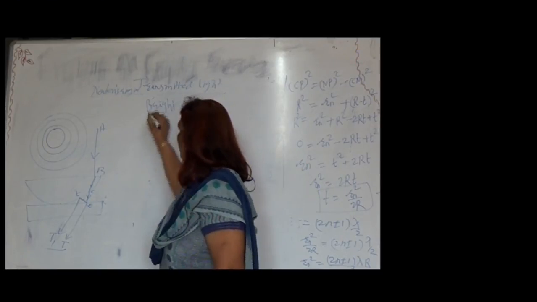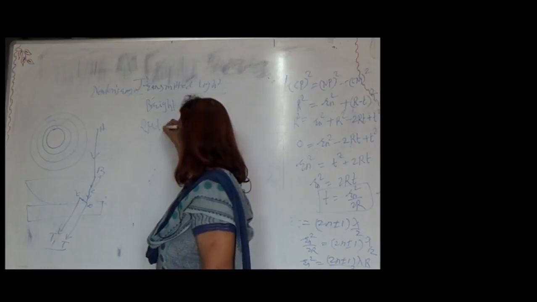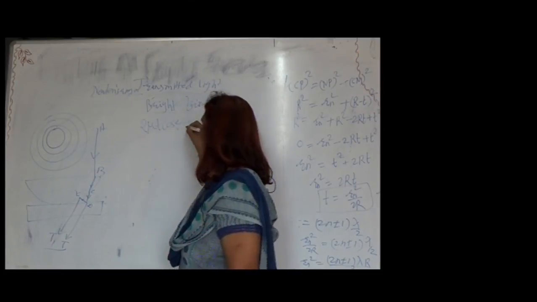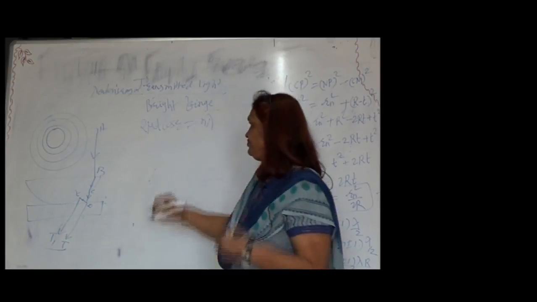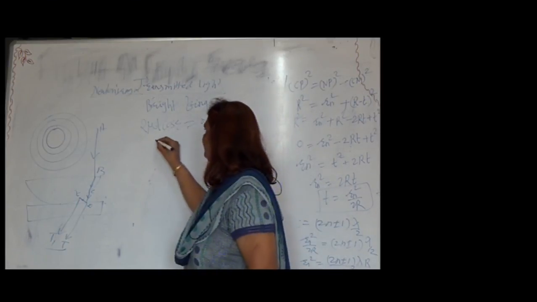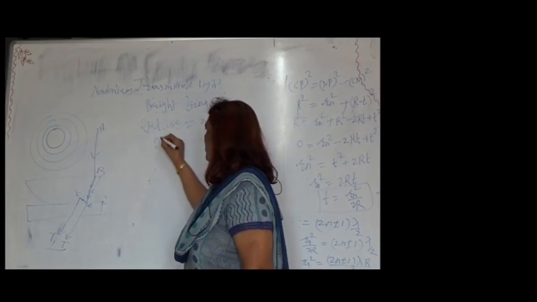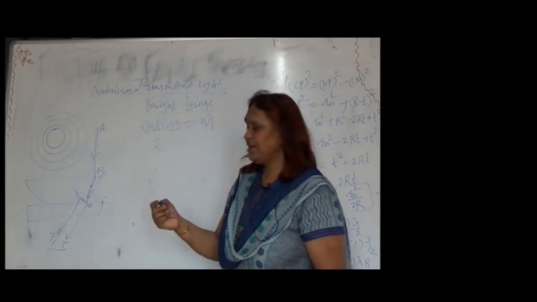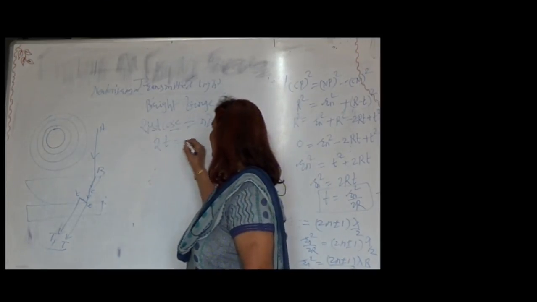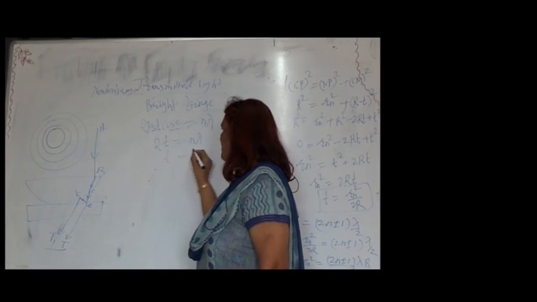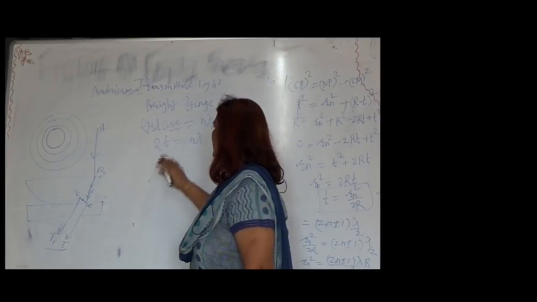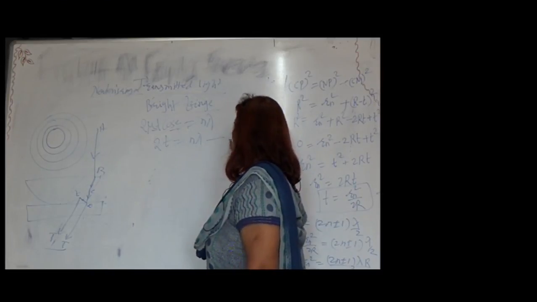Now for a bright fringe, delta, 2 mu t cos r, is equal to n lambda. So we get 2 mu, and cos r is again 1 for that one. So 2t is equal to n lambda. This is the condition for the bright fringe.